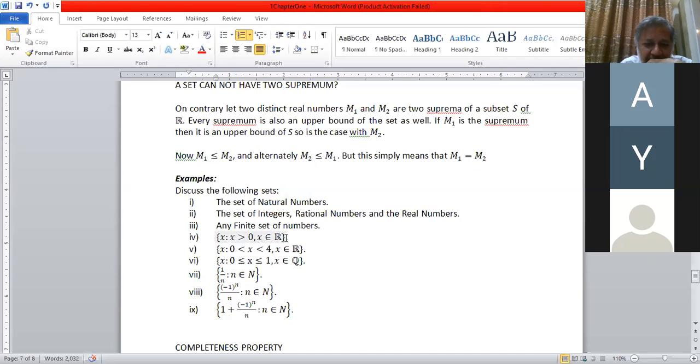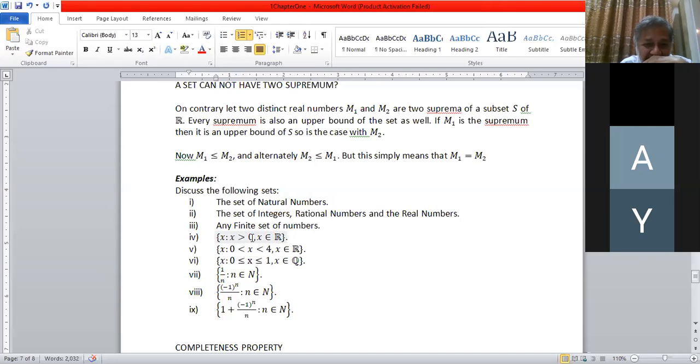What about this set? This is a natural number set. They are all positive real numbers. This is the set of all positive real numbers. Is it bounded above? No. Bounded below? Yes. What's the greatest lower bound? Zero.